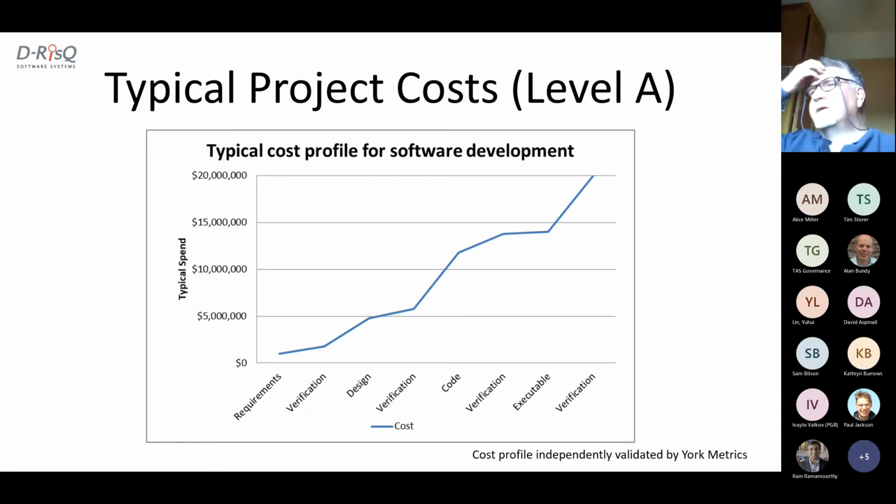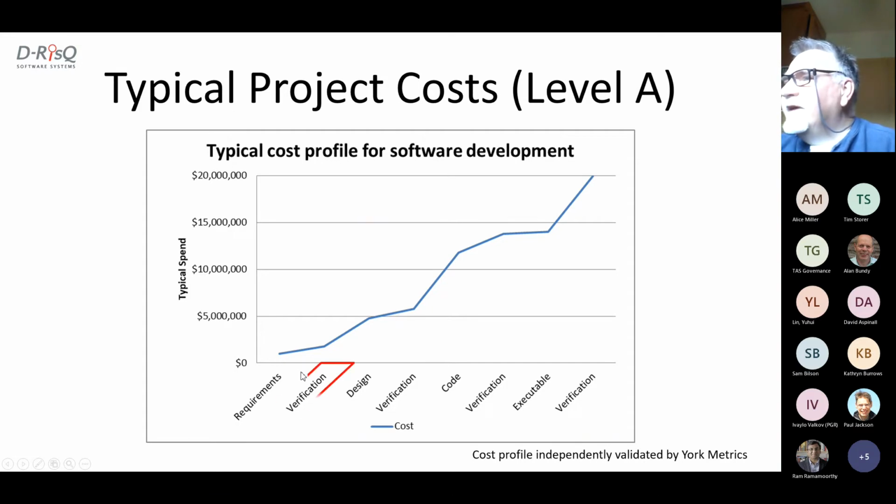So this is a kind of typical cost profile for level A, i.e. the highest level of safety criticality in aerospace. Which we've had validated. These are indicative figures, but they're typical of these sort of things. So you start off with requirements. It's easy to write requirements, isn't it?